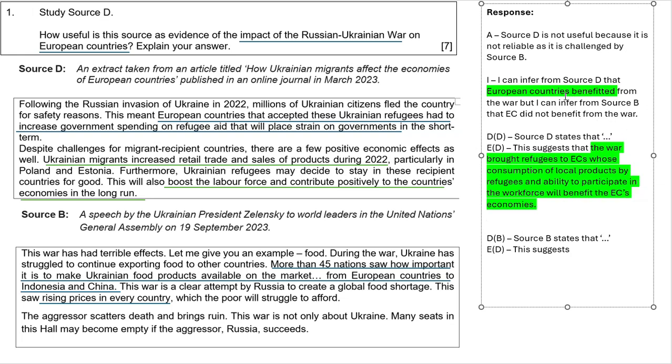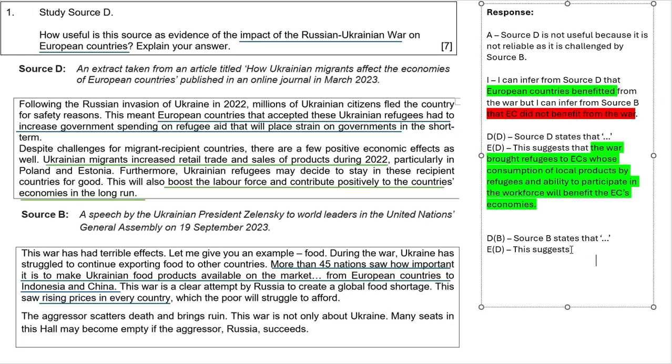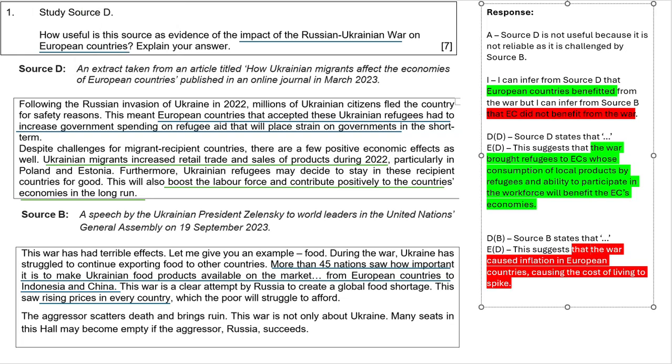Then this part, but I can infer from source B that the European countries did not benefit from the war. Okay, so source B states that, so I can highlight this part as my details. This part that I underline in blue. What happened over here? You see that the war caused inflation, right?